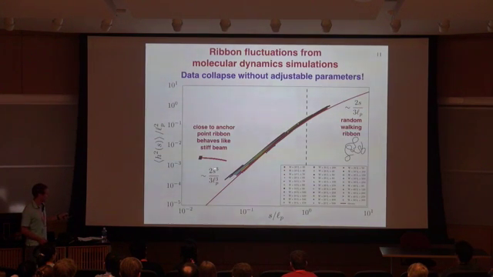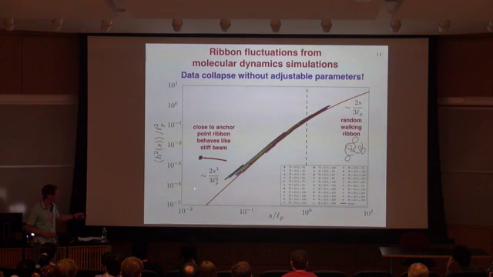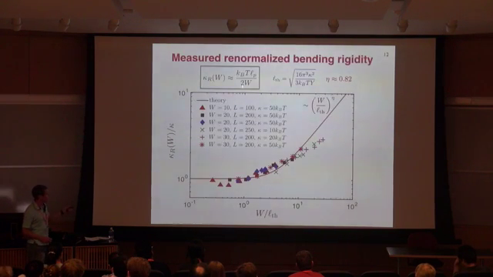If s, the distance from the anchor point, is much smaller than the persistence length, then this behaves basically like a solid, just like a fluctuating ruler. But once the ribbon becomes much longer than the persistence length, it transitions into this random walking regime, and we get this new scaling.